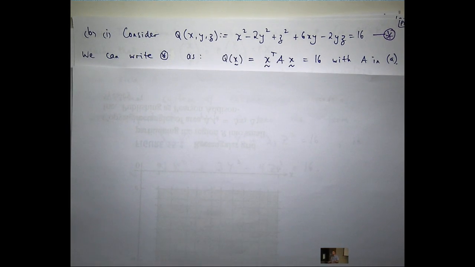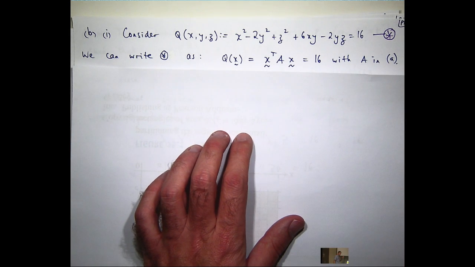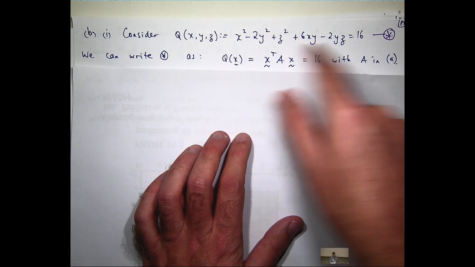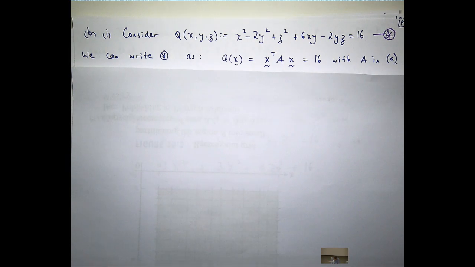Now the important thing here is that for the matrix A, given at the start, you can write Q in this quadratic form, this X transpose AX, where X is a vector. Okay, so if we write X as the vector X, Y, Z, then this and this is the same for our A. So what does that mean?